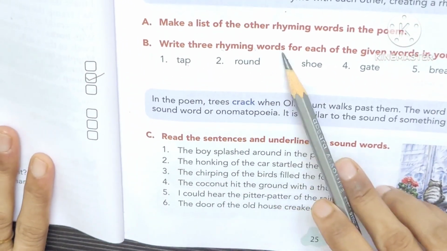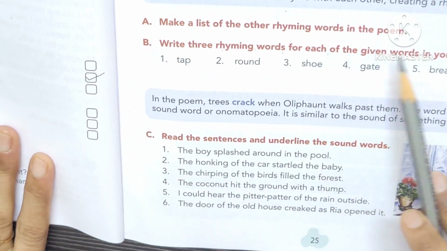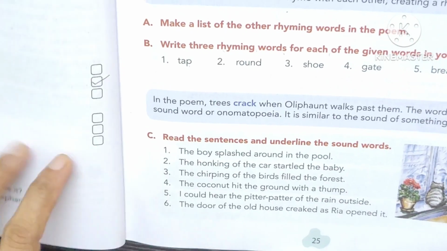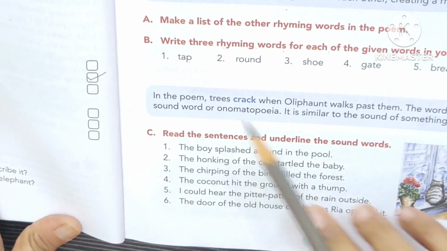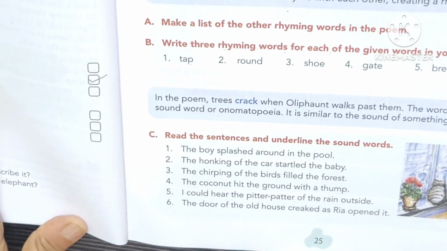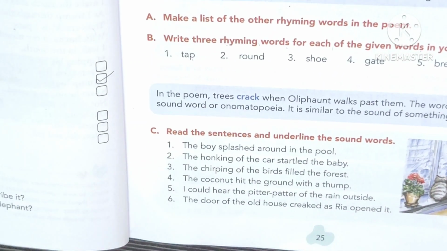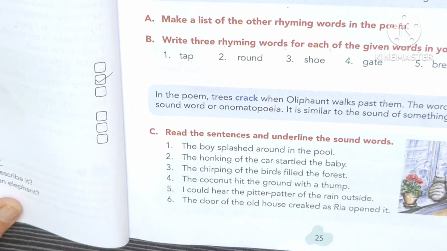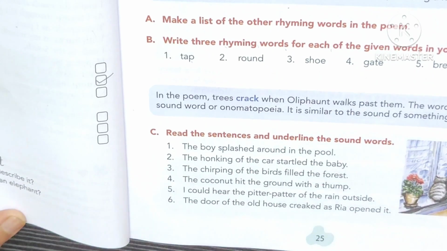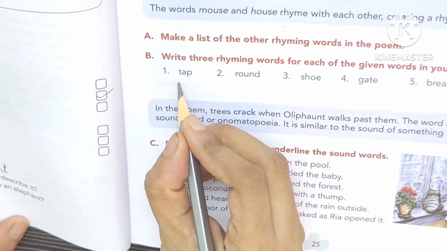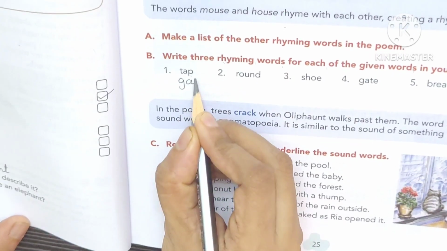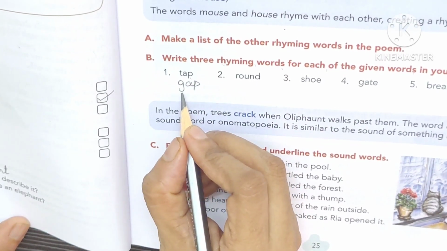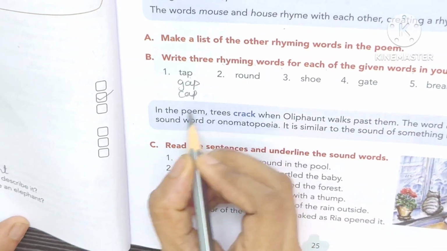Write 3 rhyming words for each of the given words in your notebook. So you have to write any 3 rhyming words. Okay, first one is tap. What to write for tap? Tap, gap, cap, map.